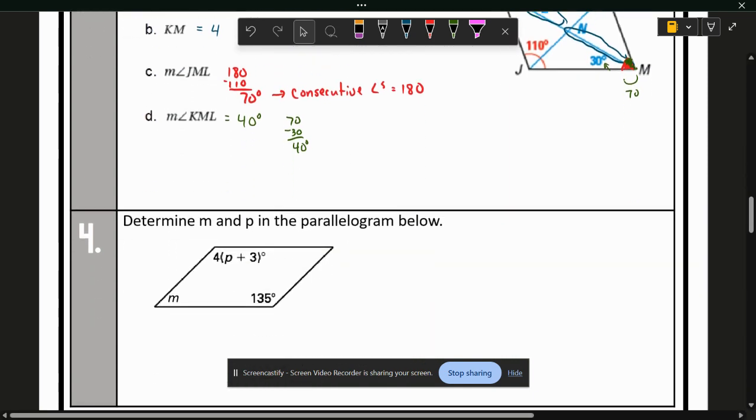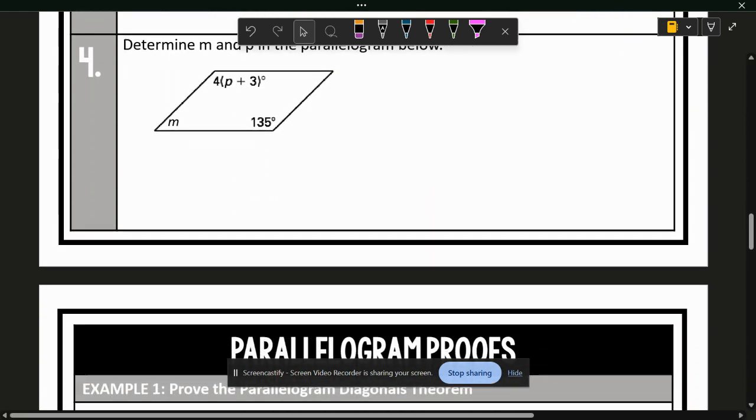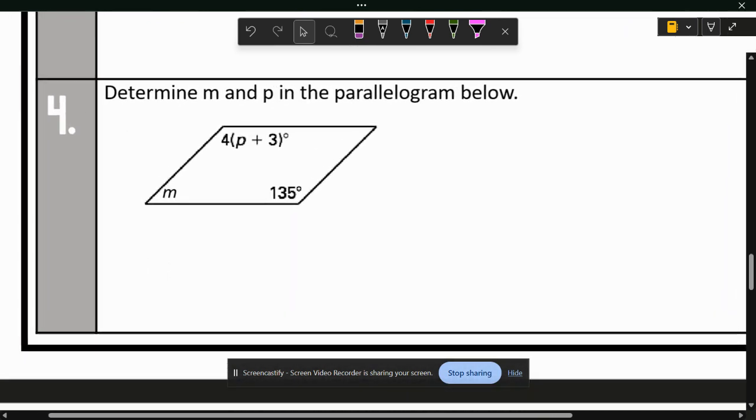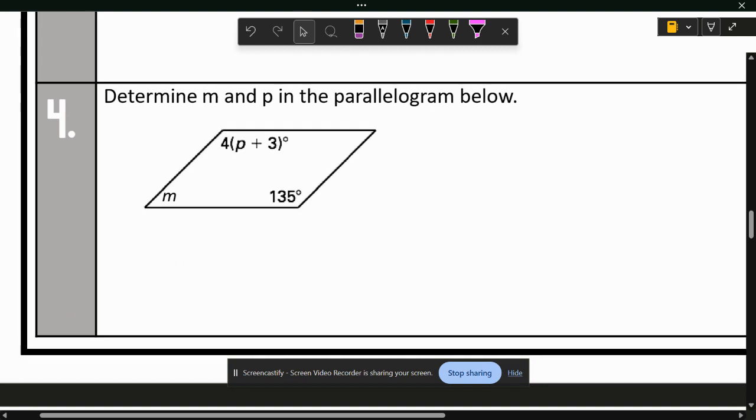All right, last but not least, determine m and p in the parallelogram. How could we find the measure of angle p in the parallelogram below? Good. We'll take 4 times p plus 3 equals 135.